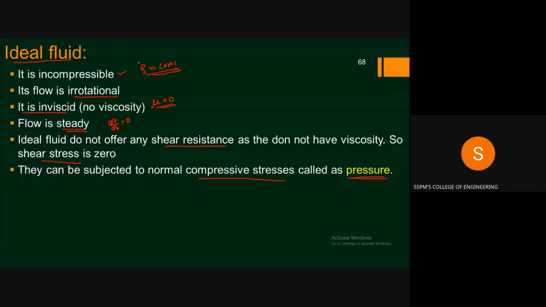The point to be noted is that density is constant for the ideal fluid, viscosity is zero, and the rate of change of velocity or any other parameter is zero. So flow is steady. It doesn't offer any shear resistance as it doesn't have viscosity, and it has only the normal compressive stresses, which are called pressure.